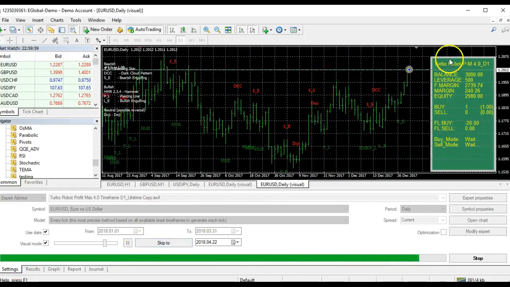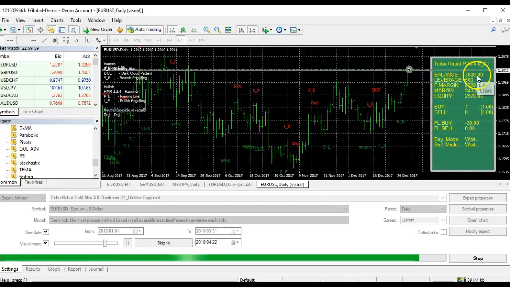So now you can see that it's already started, and remember that a higher lot size means higher risk and a higher value you could lose. But in this case, a higher value means your account must also be higher. So it's still proportionate, because you have a higher balance.